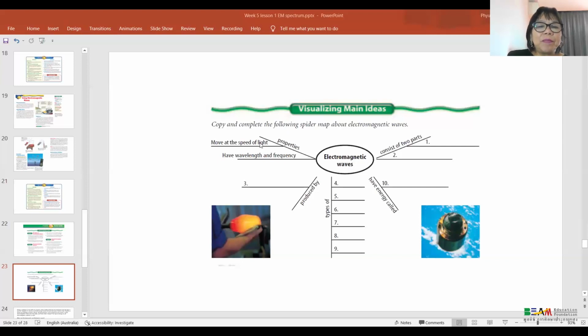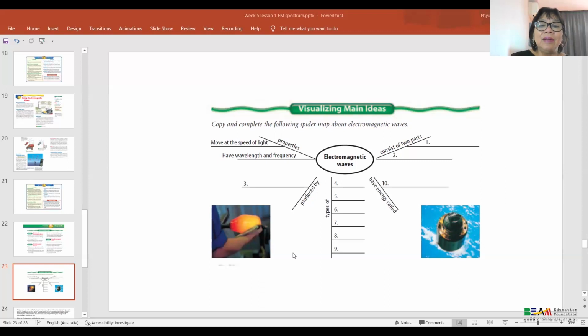Electromagnetic waves, we got properties here. It consists of 2 parts. What 2 parts do we have? Actually, I don't know the answer. You don't know the answer.